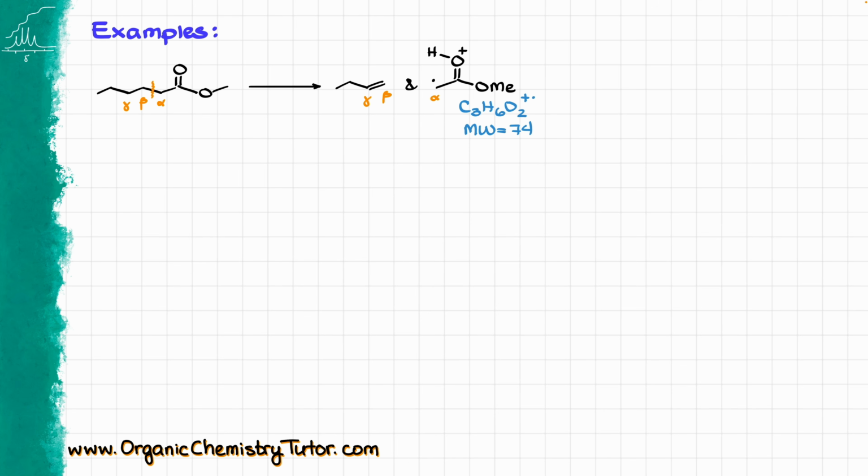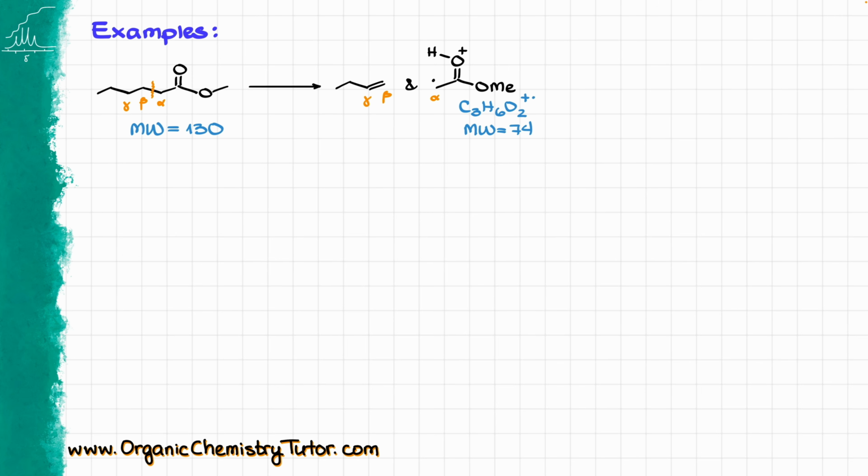Also, the molecular weight of our starting material is 130 atomic mass units, or gram per mole if you want to think about it this way. And if we have our molecular ion, we would see the molecular ion at these mass units.